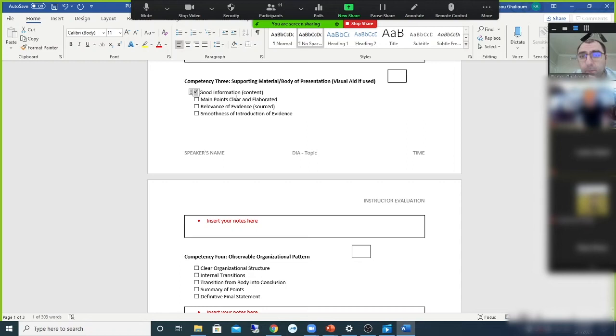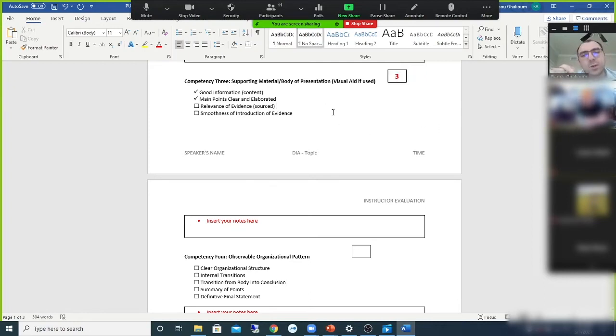So main points clear and elaborated, yes, but I wouldn't give myself the points for the citations, and if I don't have citations, I can't cite them properly. Even if my only citation was cited well, you're not really gonna get points for that. Okay, so here I get 3 points.